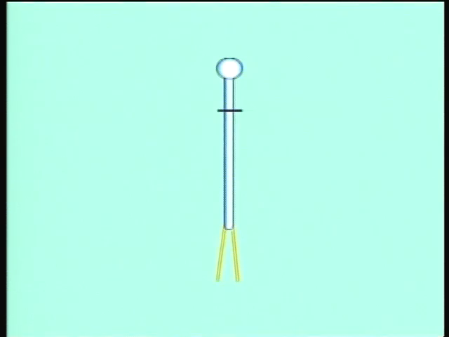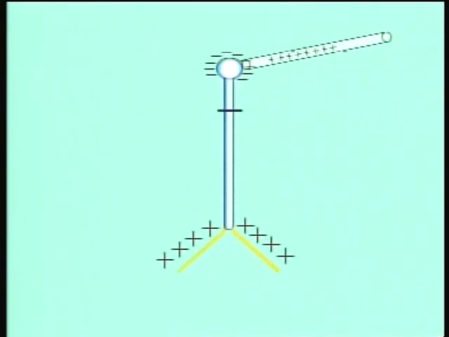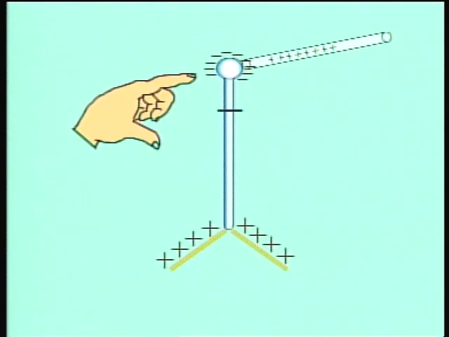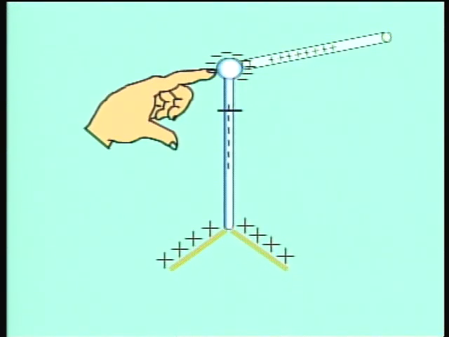To give an electroscope a negative charge, we should repeat the process but use a positively charged glass rod. Remember, when we touch the knob this time, the electrons will flow from our finger to the knob.